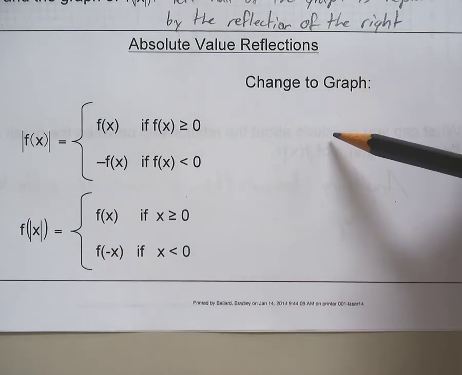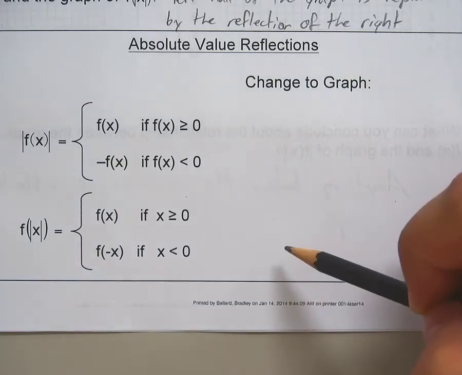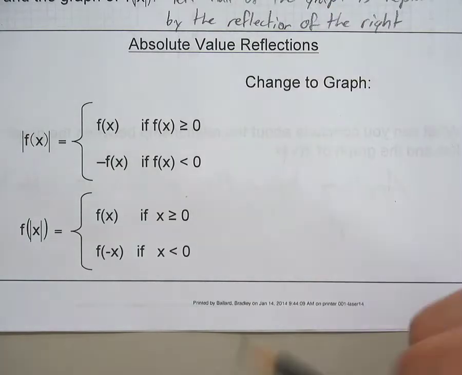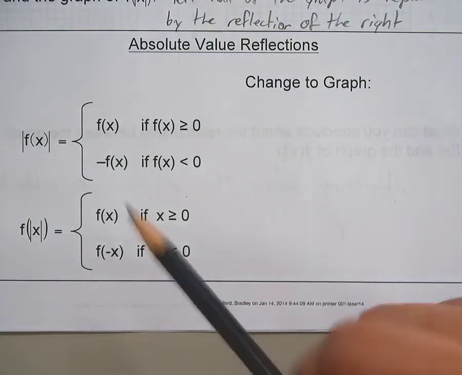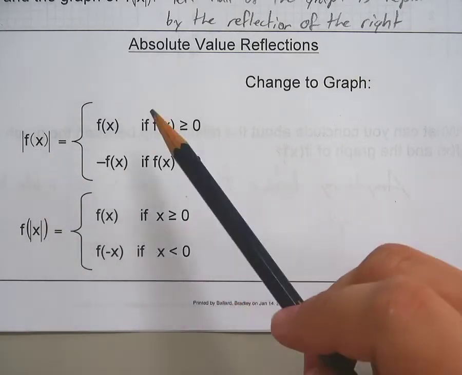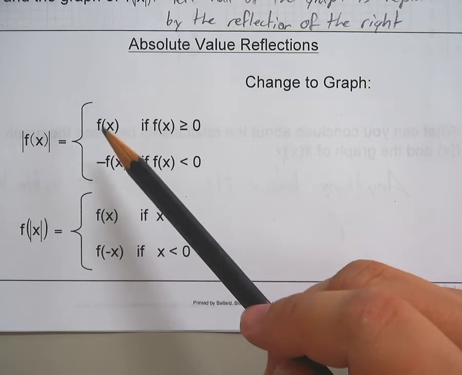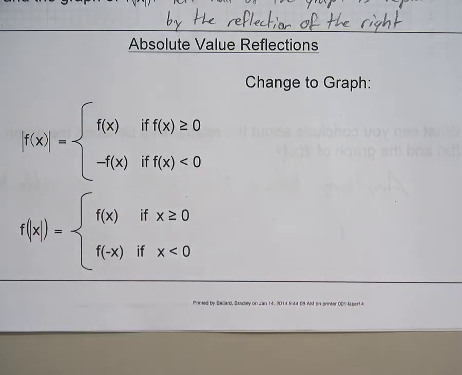The function below the x-axis is reflected up, and here the left half of the graph is replaced by a reflection of the right half. It's the same thing we wrote on these sentences up here, and you can write those right in here. So the absolute value of f means that you have a positive aspect of it, you have a negative aspect of it. All right?